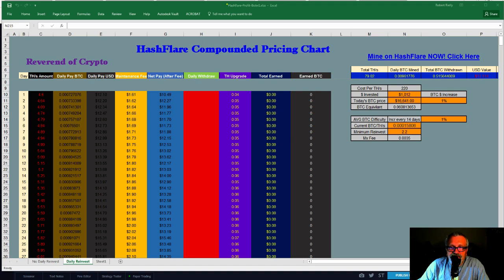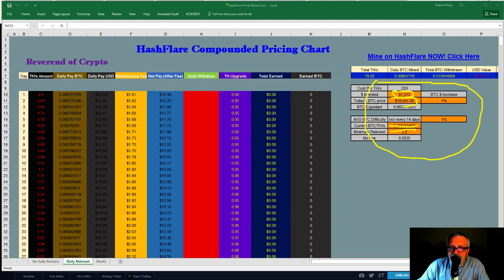My main question is, Rev, where do we put the numbers in at and what should they look like? This is where you put the numbers in at over here, folks. Don't worry about this number. Don't worry about this number. Okay? These numbers are figured in. You don't touch nothing but this number right here.